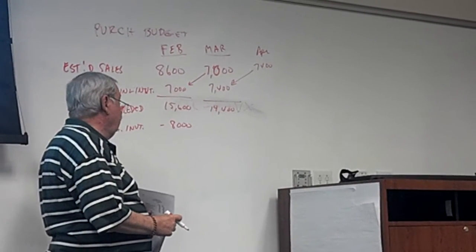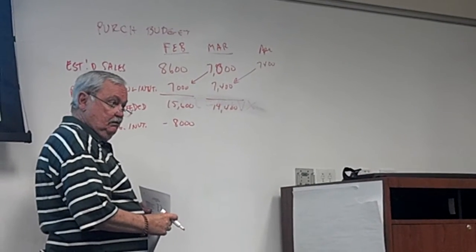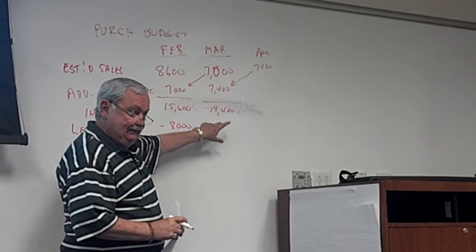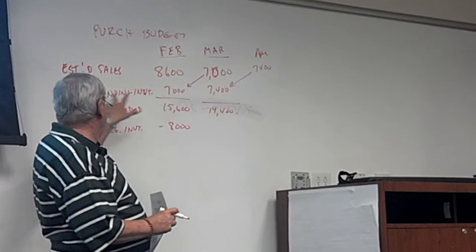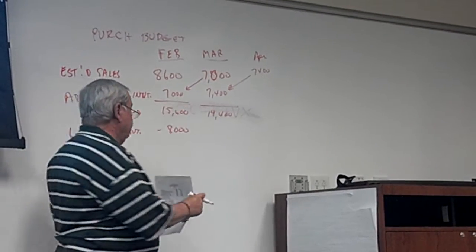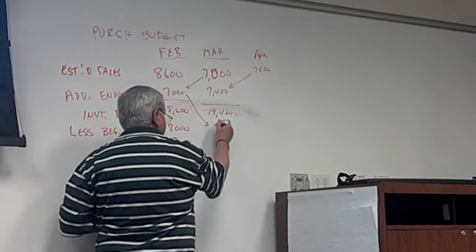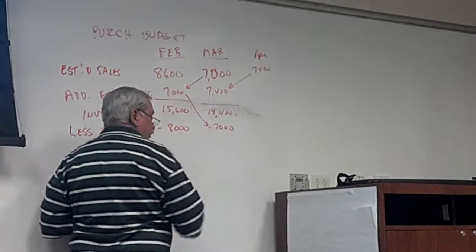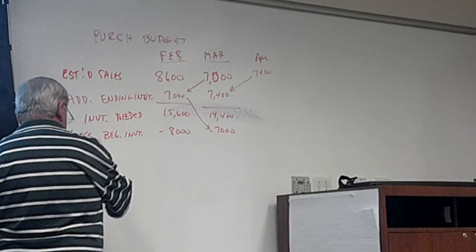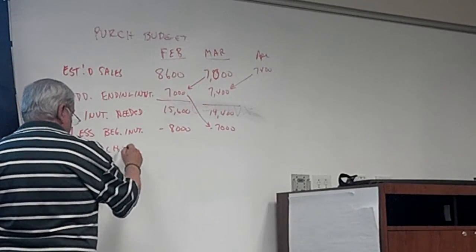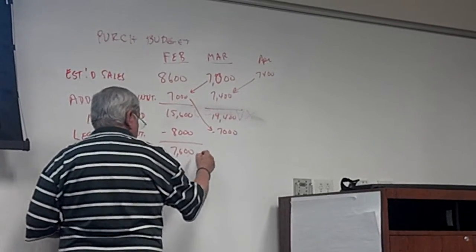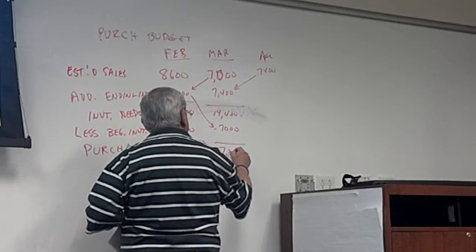No? The beginning for March is the same as the ending for February. Ending inventory 7,000. So that goes down there. Okay. So how much do you have to purchase? 7,600 and 7,400.